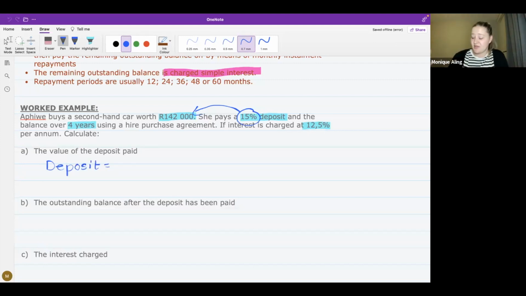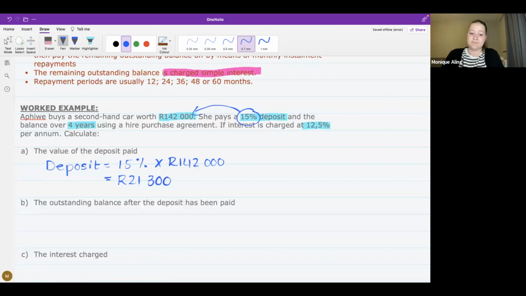The first payment you make, 15% times by 142,000 Rand. Which means Apiria is going to pay 21,300 Rand up front. That is 15%.